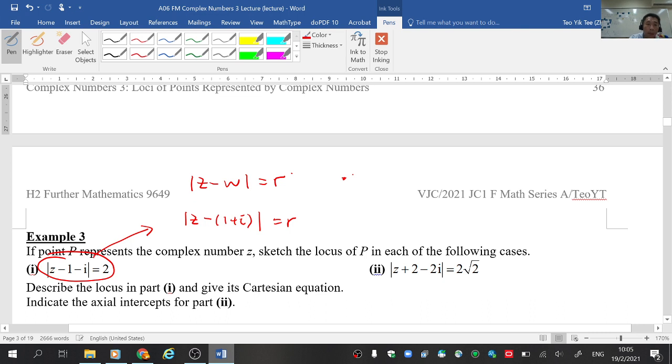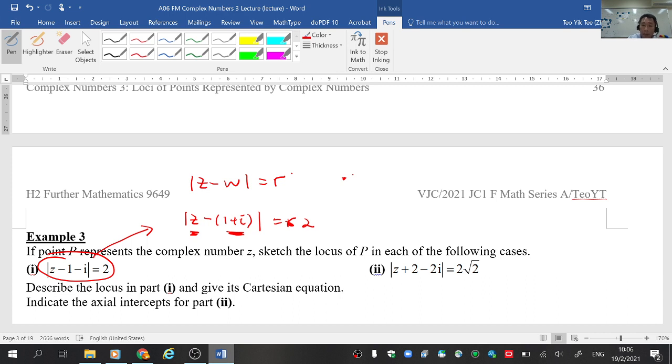Once I rewrite it in this form, what it means is that the distance of z from 1 plus i must be equal to 2. So you actually know that you are supposed to draw a circle, center at (1, 1) with a radius of 2.